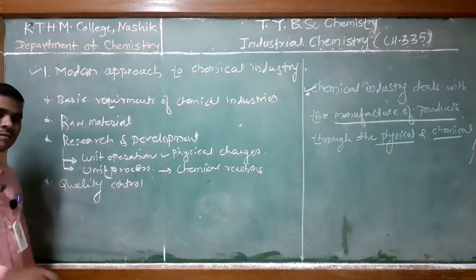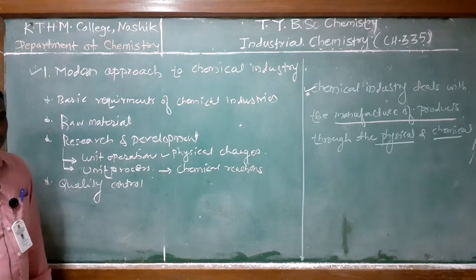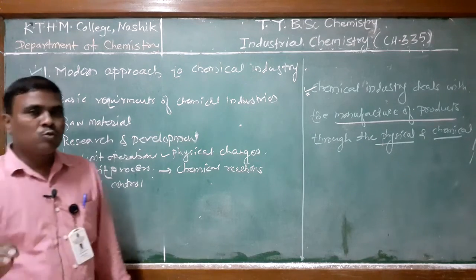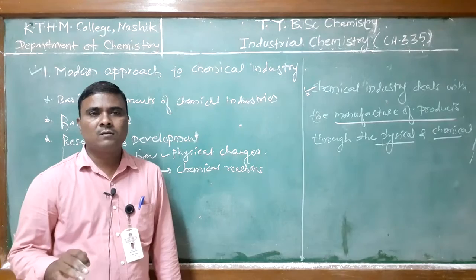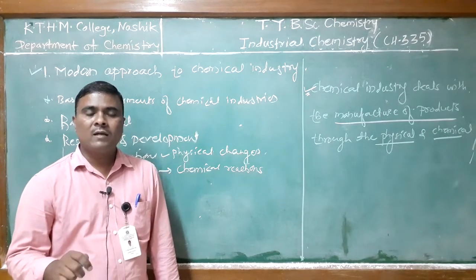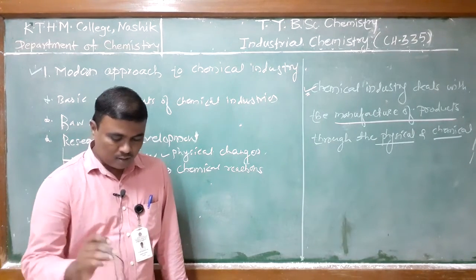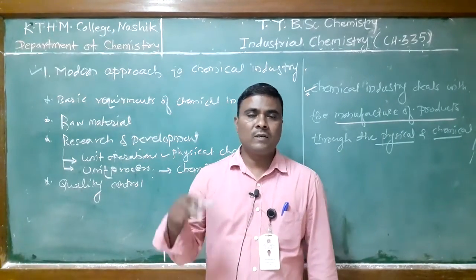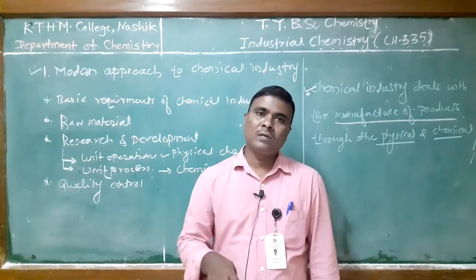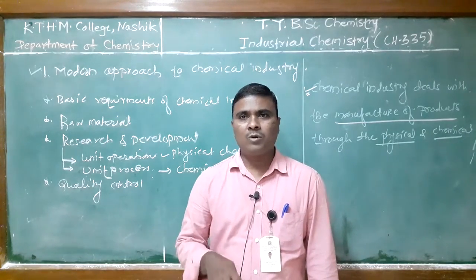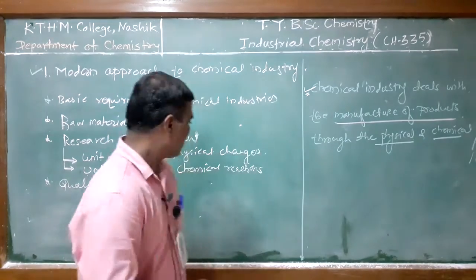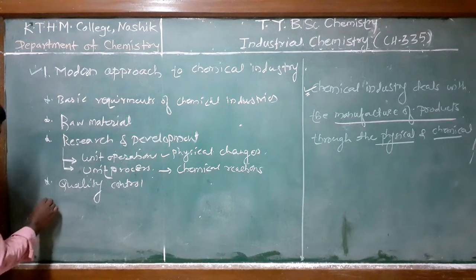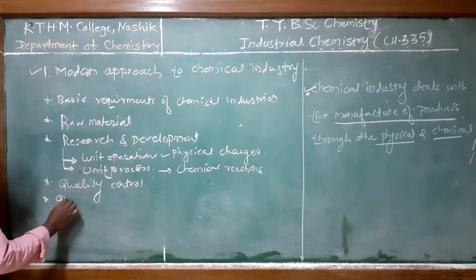Quality control: to manufacture the products with the required quality, and this department or personnel will take care to ensure the manufacture of products with the required quality. So, that is quality control. The next comes quality assurance.